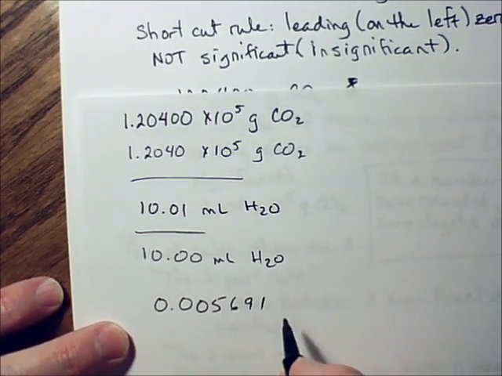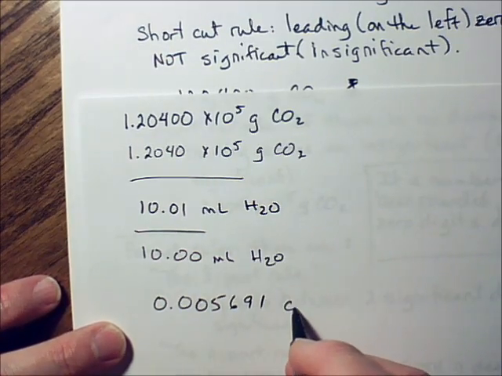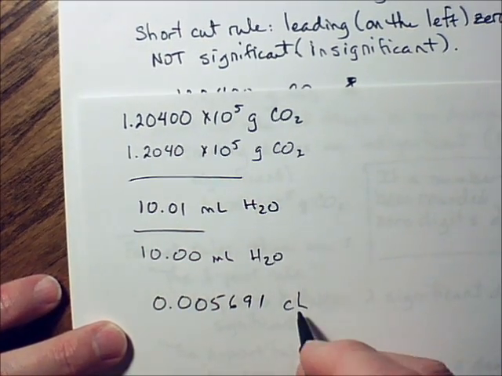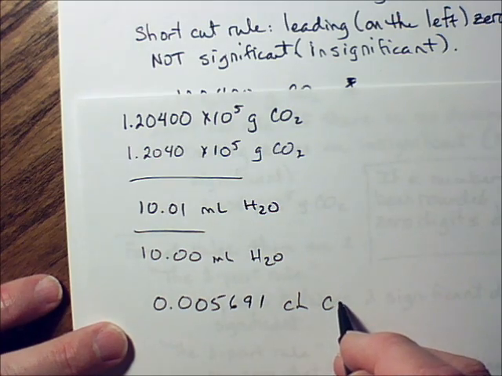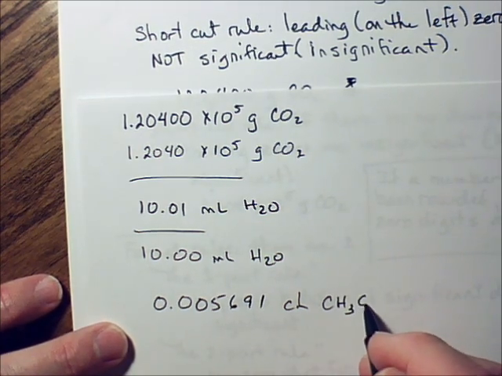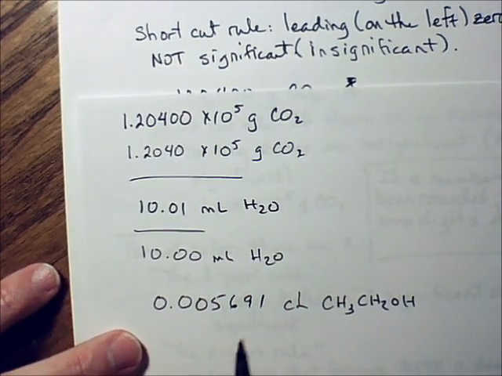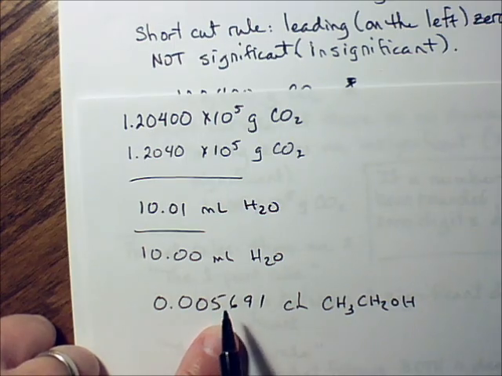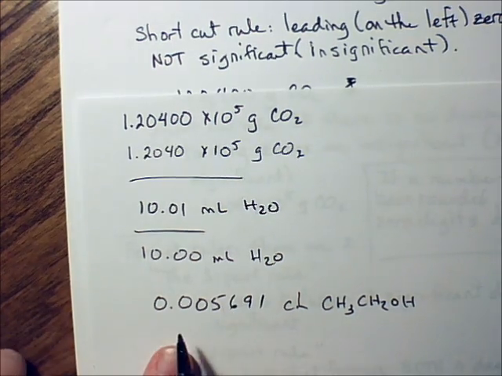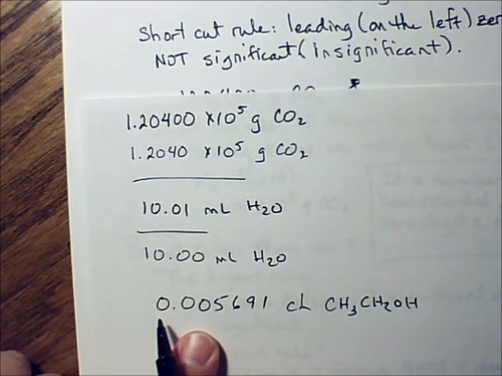0.0056991. Okay. And let's say that this is centiliters of CH3CH2OH. Okay? All right. This is really pretty simple because we can use the shortcut rule here. All of these are leading zeros.